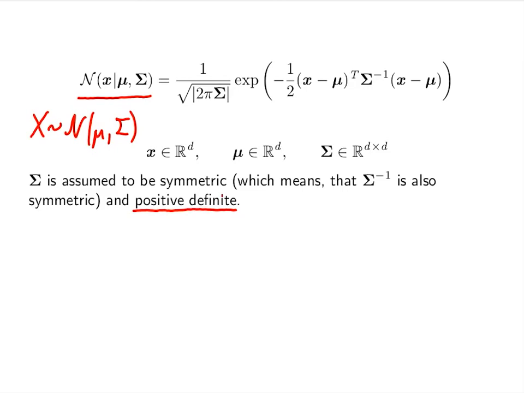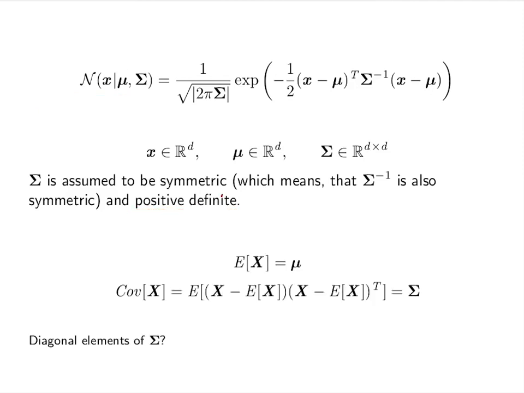So the two most important basic facts about the Gaussian are shown here. The mean of a random variable distributed according to such a Gaussian is the mu vector, and the covariance matrix is sigma.